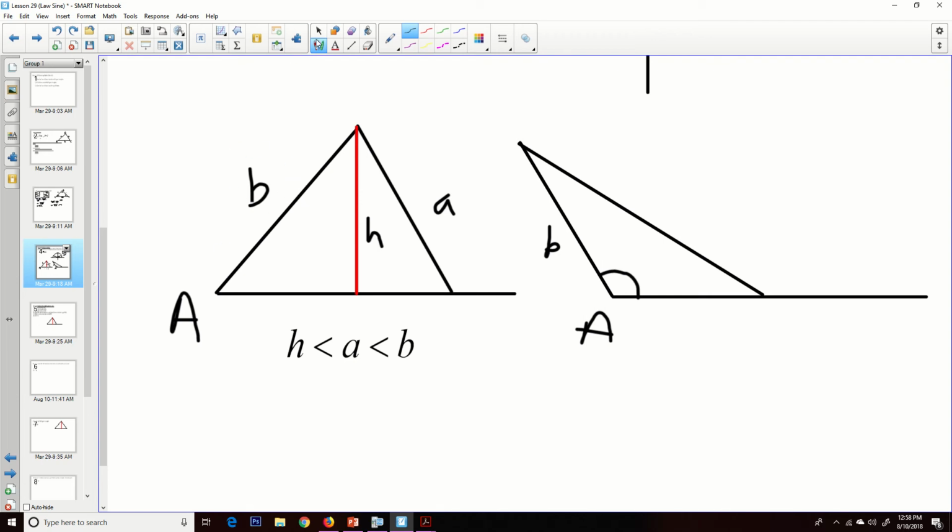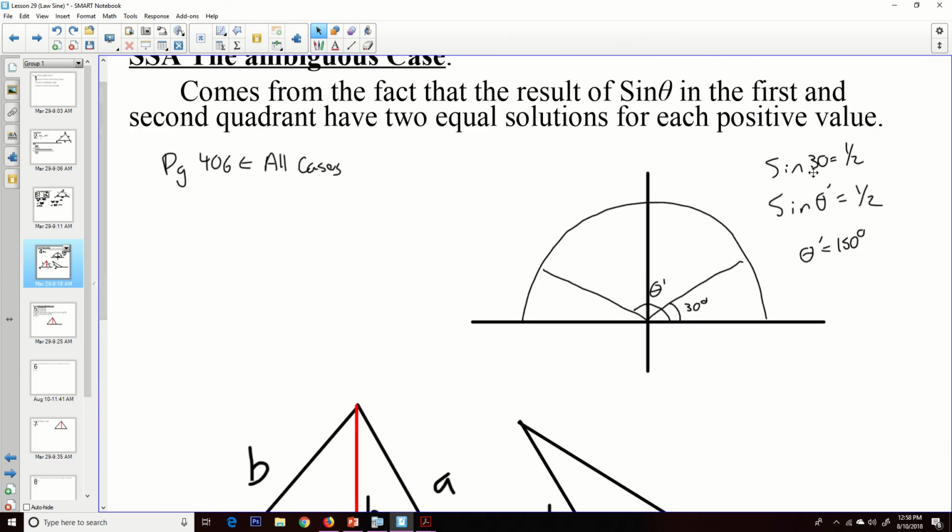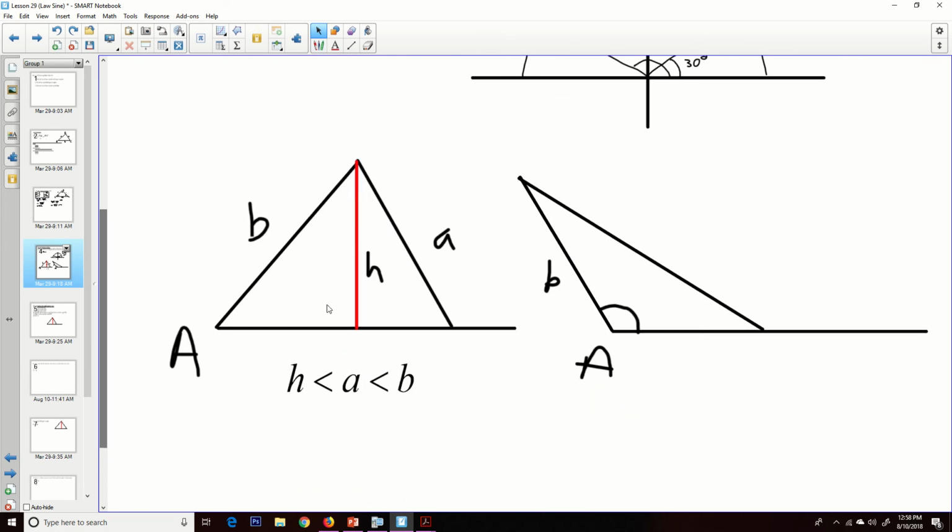What happens is, because we could have two possible solutions, we could have an angle A that doesn't change, a side B that doesn't change, a side A that doesn't change in length, and have two possible solutions.